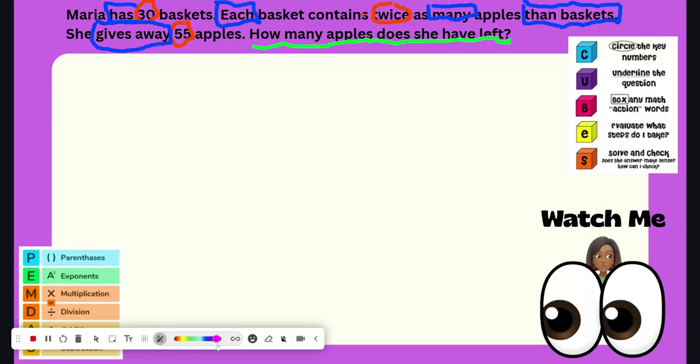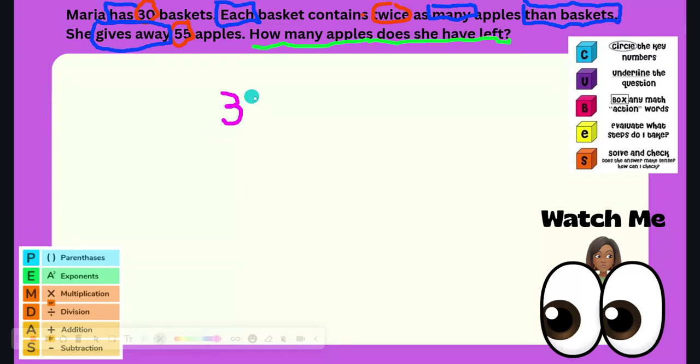So I know that Maria has 30 baskets. So she has 30. I know that each basket contains twice as many apples than baskets. So twice as many means that we're probably going to multiply. Twice as many. That is times 2.